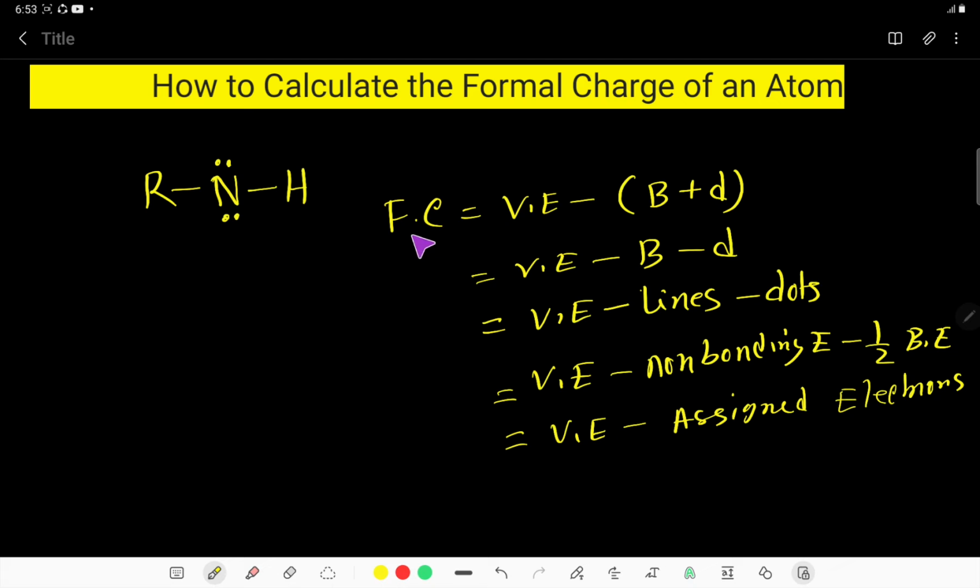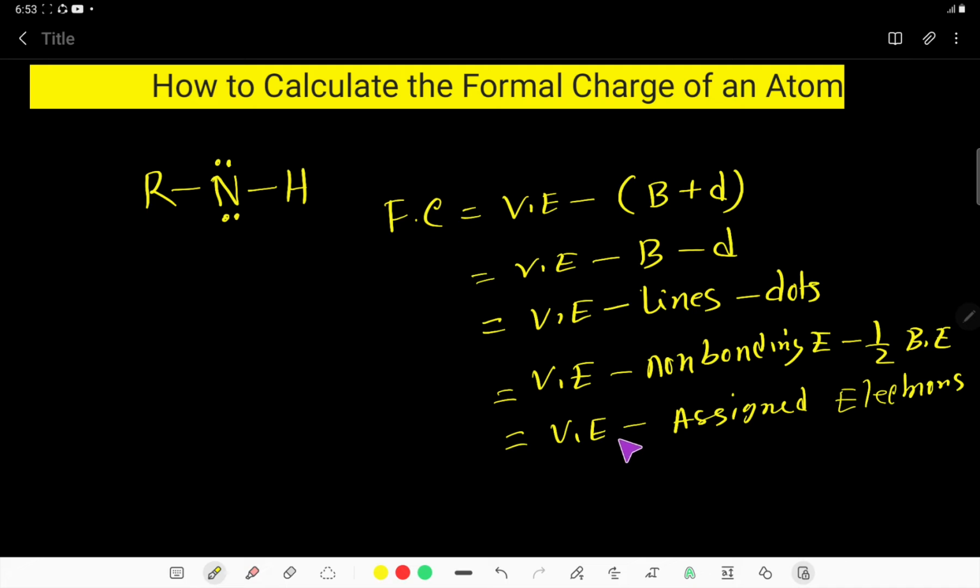Look, you can write formal charge equal to valence electron minus bonds minus dots, or valence electron minus number of lines minus dots, where dots mean lone pair electrons, or valence electron minus non-bonding electrons, that is dots, then minus half of bonding electrons, that is lines.